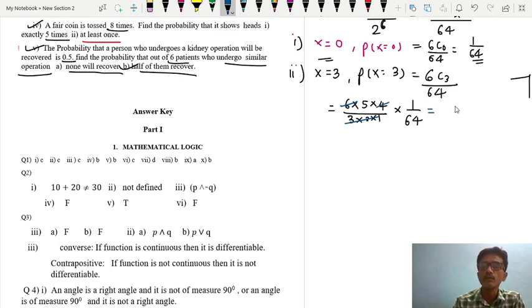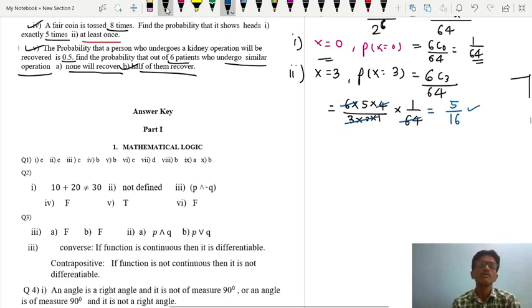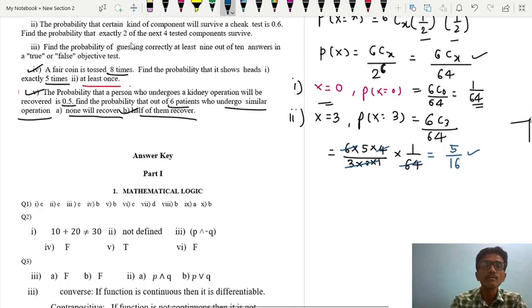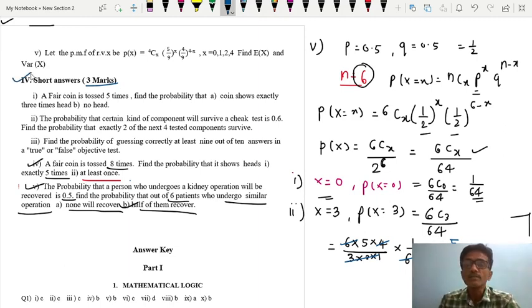So 5 upon 16 will be the answer, and the first answer is 1 upon 64. So yes students, in this video we did this last question, which is of 3 marks, the fourth question. Thank you for watching this video.